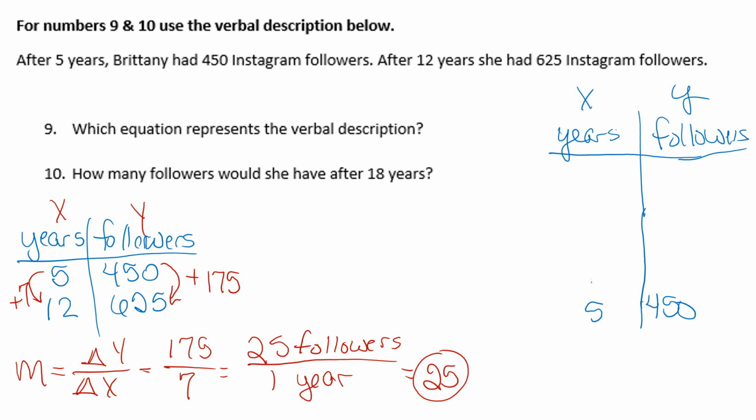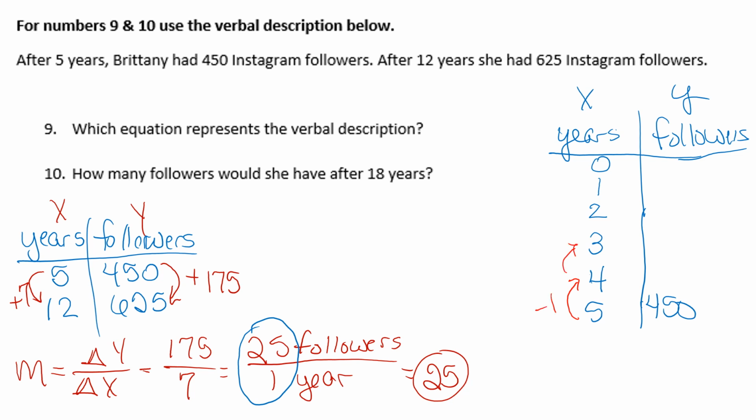So I need to go back, figure out how many followers at 4 years, 3 years, 2 years, 1 year, and at 0 years. So if you think about this fraction that we had, our x value is a positive 1 and our y value is a positive 25. To go backwards on our table, I am going back by 1. So going back, I am subtracting 1.